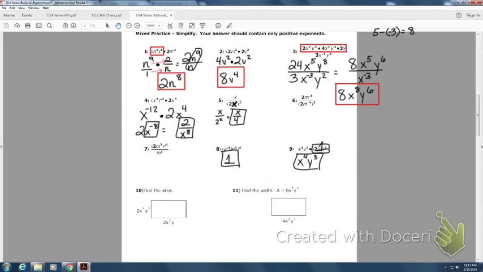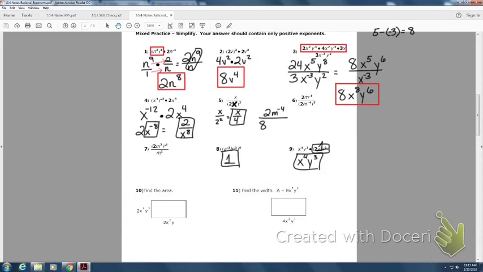Alright, let's go through both 6 and 7. So, on 6, first thing I'm going to do is get rid of the exponents. So I've got 2m to the negative 4th, in parentheses, sorry, which I might have lied to you about. So that 3 belongs to the 2 and the m to the negative 4th. So 2 cubed is going to give me 8. 2 times 2 is 4, times 2 is 8.